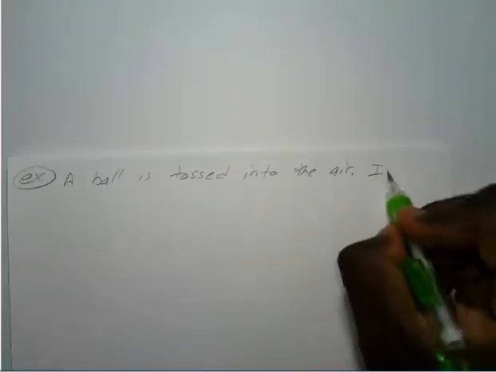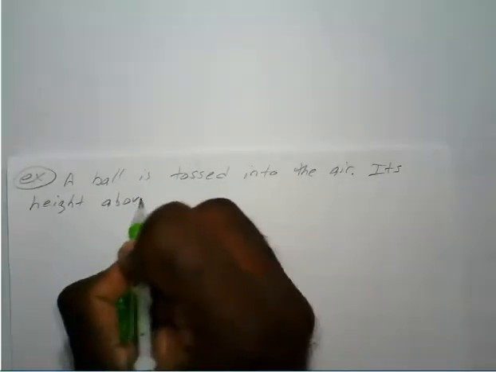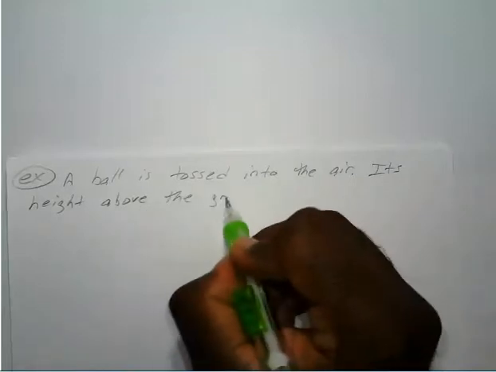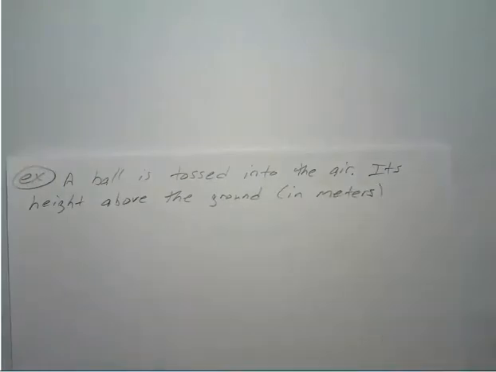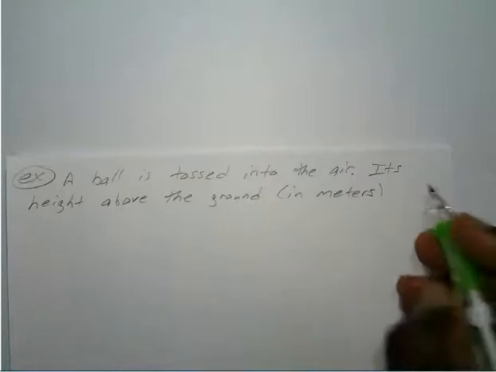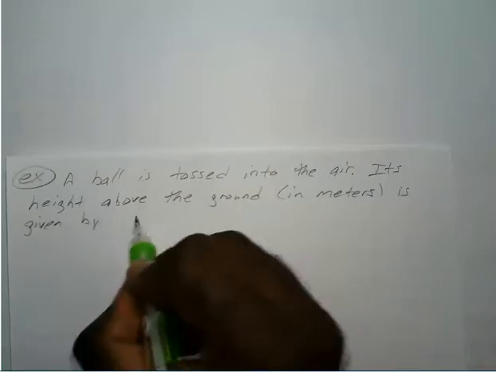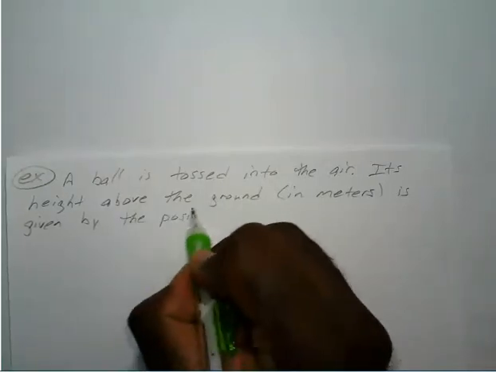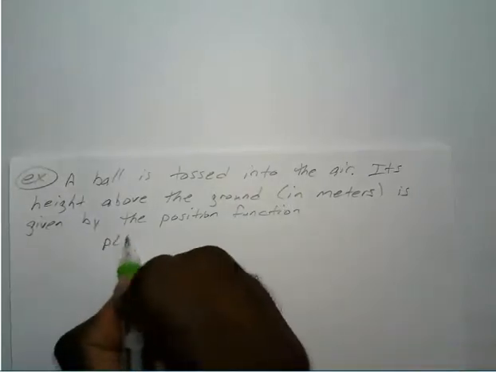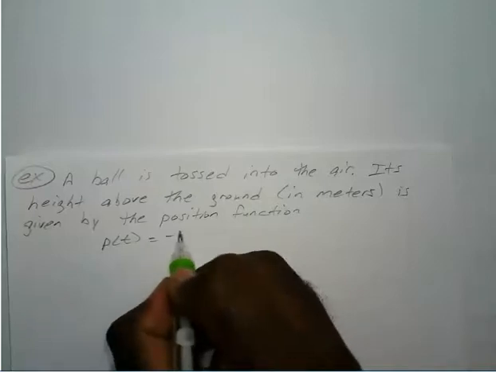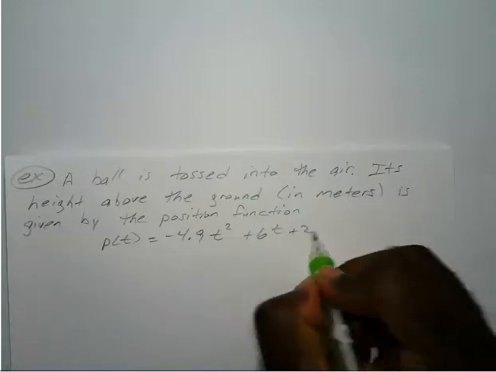Okay, its height above the ground, and this time we're going to measure it in meters, is given by the position function p of t is equal to negative 4.9 t squared plus 6t plus 2.